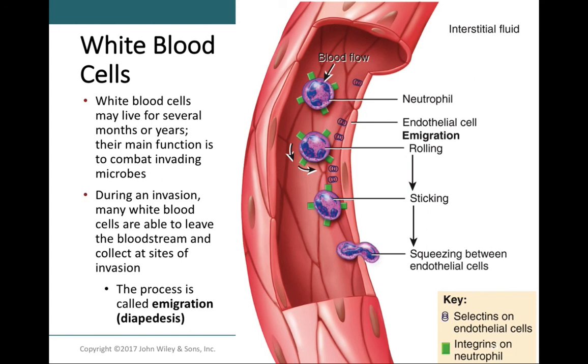White blood cells use adhesion molecules known as selectins to attach to the endothelial cells and make their way out of the bloodstream. This is an important function of our white blood cells, as many infections occur outside of the bloodstream. These white blood cells need the ability to escape the bloodstream so that they can find these different pathogens that are compromising our body's health.